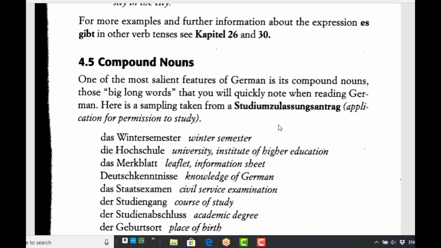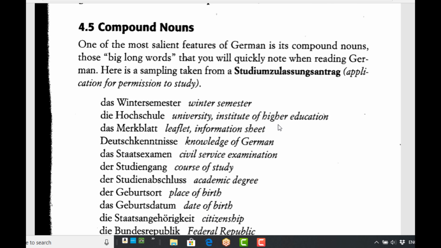And then the compound nouns, which we've mentioned before, I think. In a compound noun like Wintersemester, there are two words there, Winter, the winter, and Semester, the semester. Whatever the gender is of the second word in that compound determines the gender of the whole word.